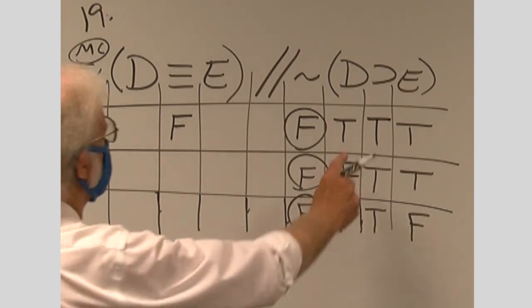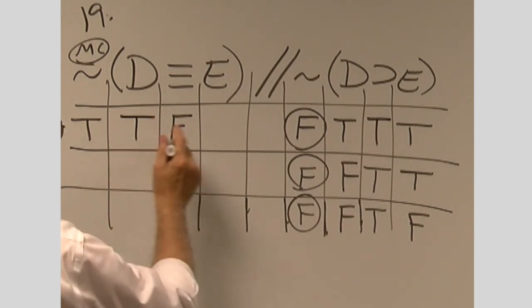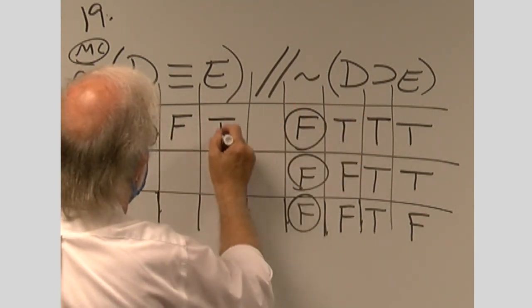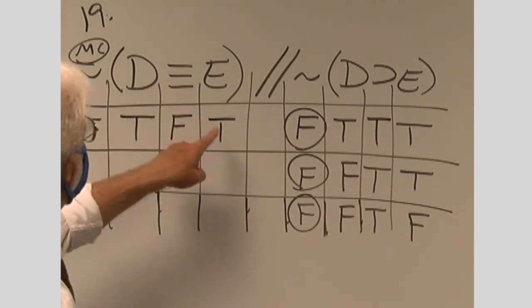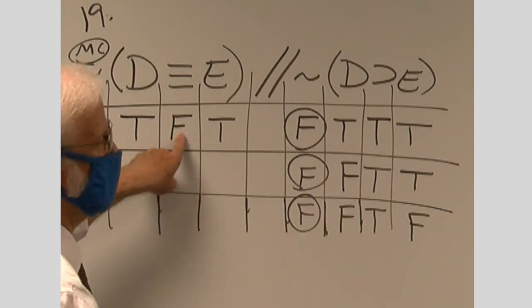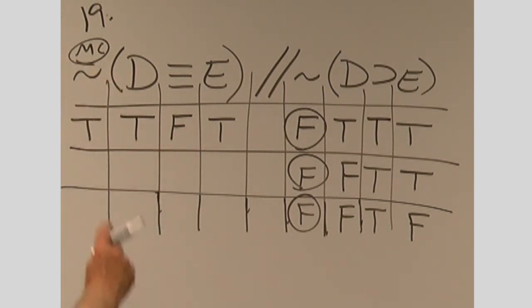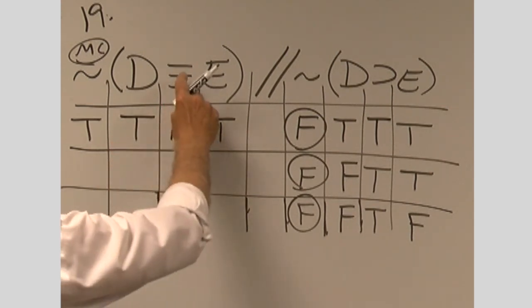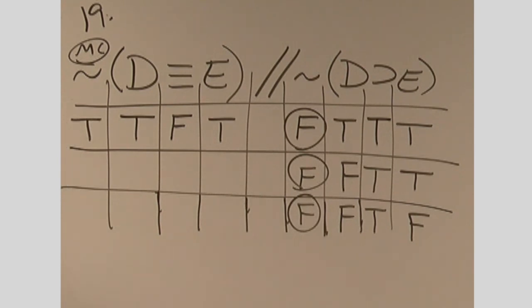Now we go to the conclusion. We saw in the conclusion D needs to be true and E needs to be true. Wait a minute. True, triple bar true would make this triple bar true, but it's already false. So we could have the contradiction there. Or we could say, let's let the D be true, the triple bar be false, and the E have the contradiction.